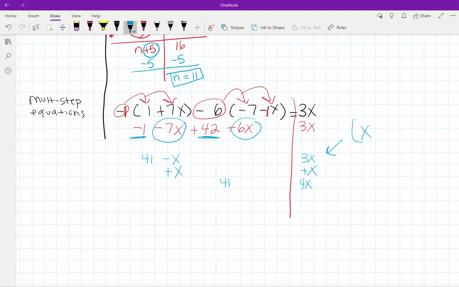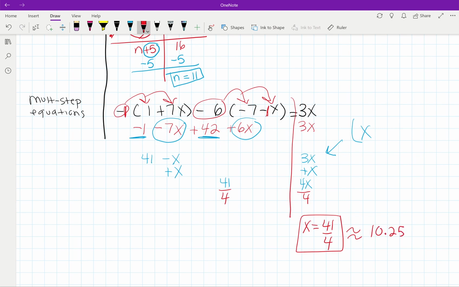So that means my last step to get x by itself would be to divide by 4. And that leaves me with my answer equaling 41 divided by 4, which we can approximate to 10.25.